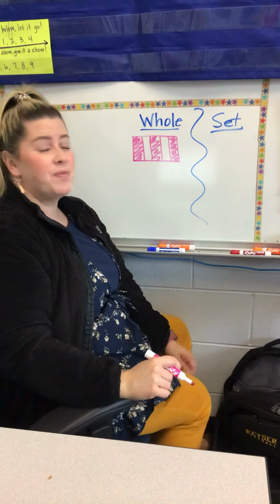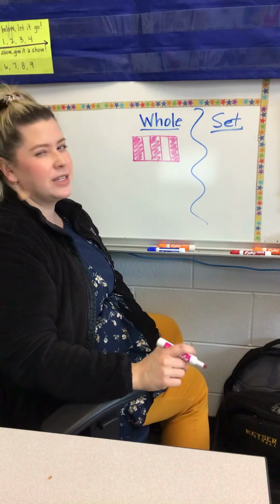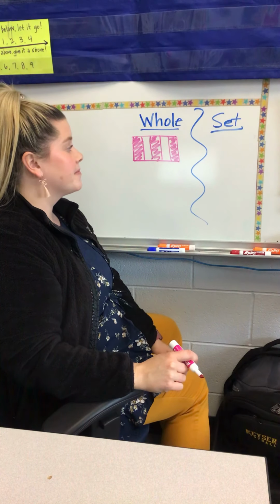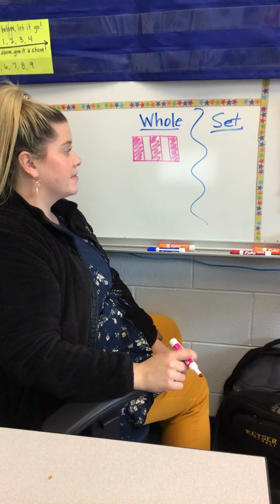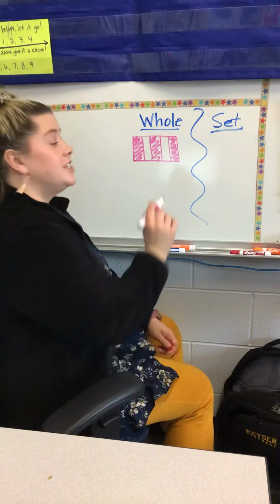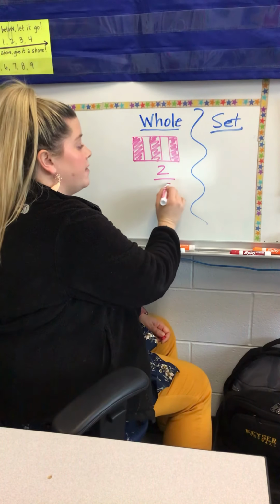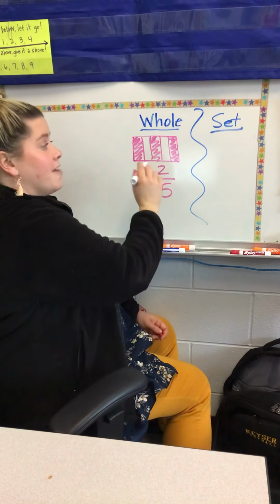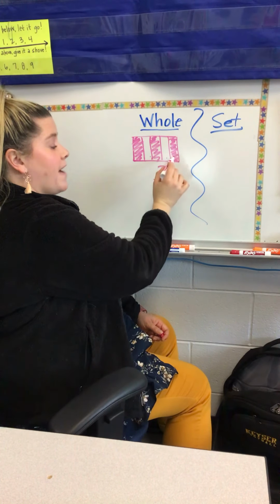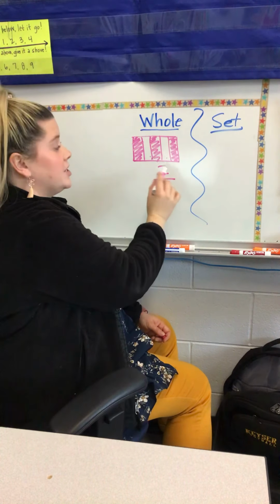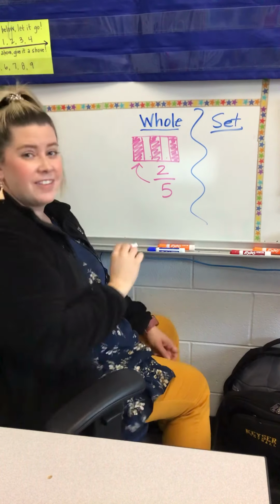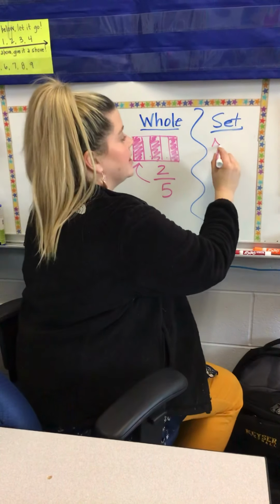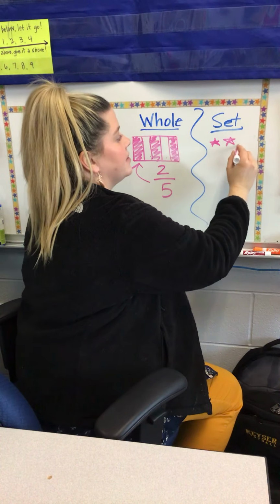See if you can figure it out. All right, did you say 2/5? There are 5 parts total, 1, 2, 3, 4, 5. 2 of them are not shaded, so 2/5. Good, all right, let's try a set.